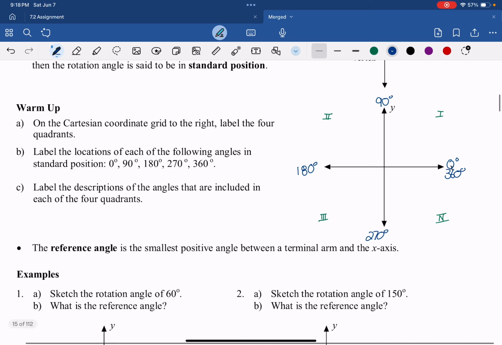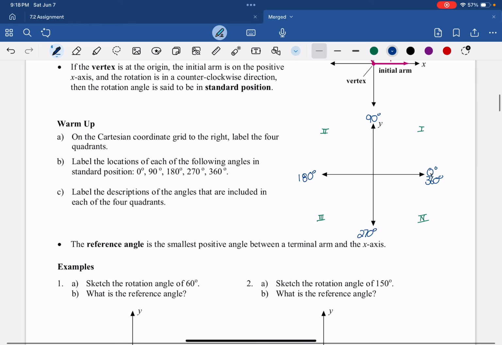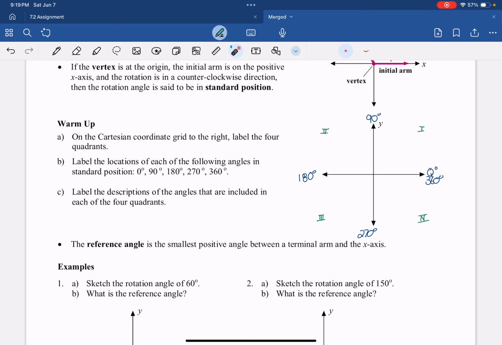So we have quadrants 1, 2, 3, and 4, and then the angles as we go around. So those are the angles exactly on our axes, but we can have any angle in between. So I could have an angle in here of 45, I could have an angle in here of 100 degrees, and we will call those angles as we work with them our reference angles.